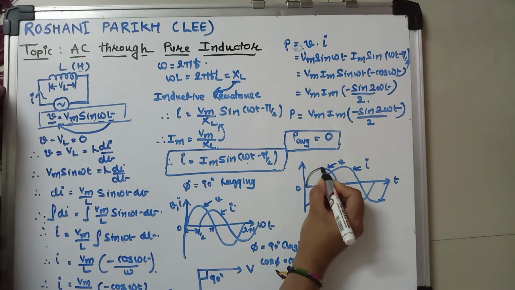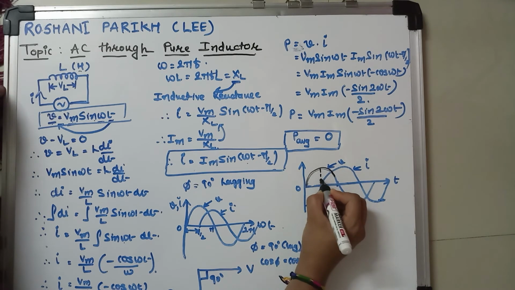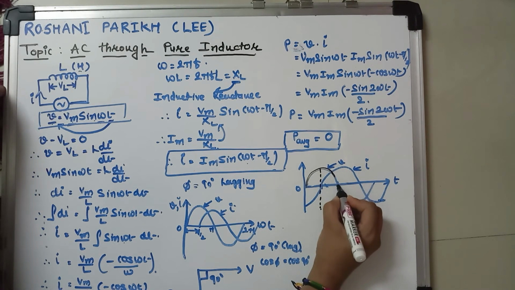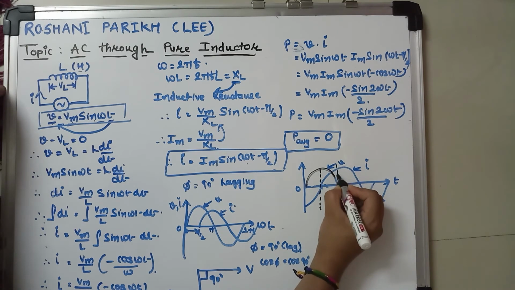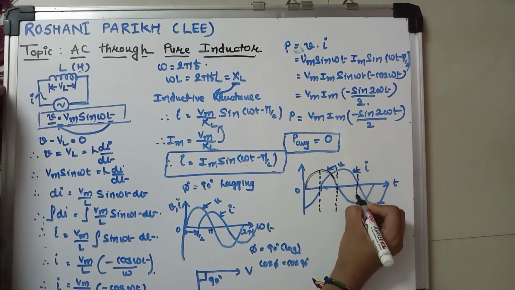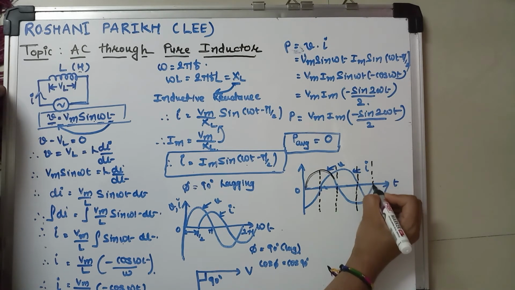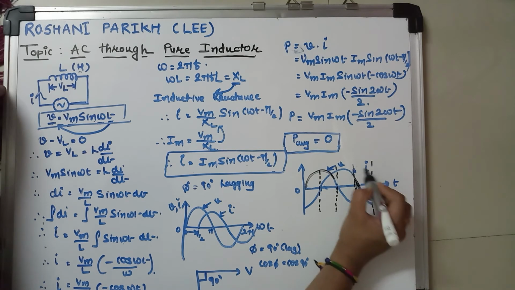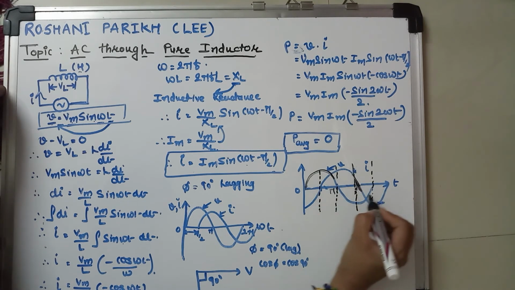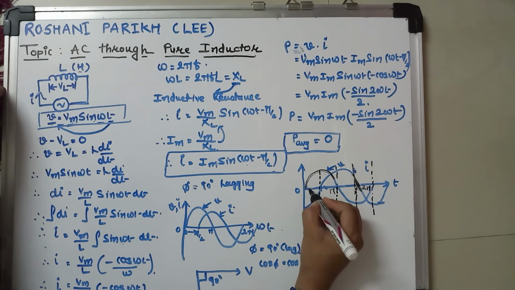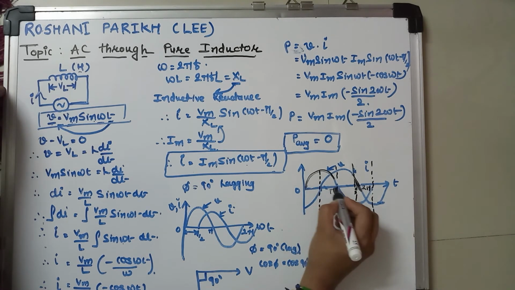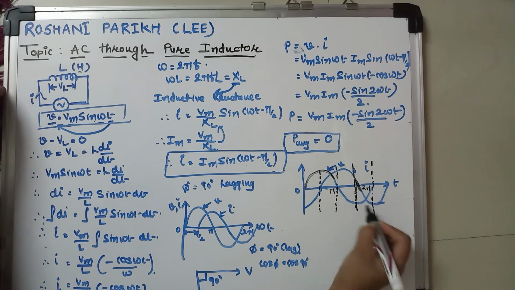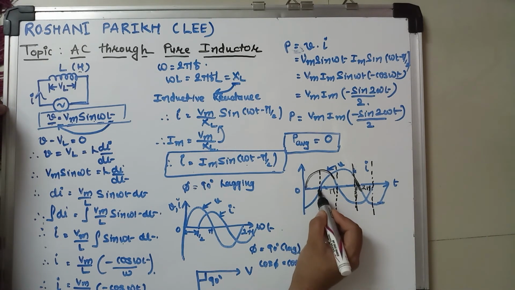So see here, in the first part, 0 to pi by 2, voltage is positive and current is negative.